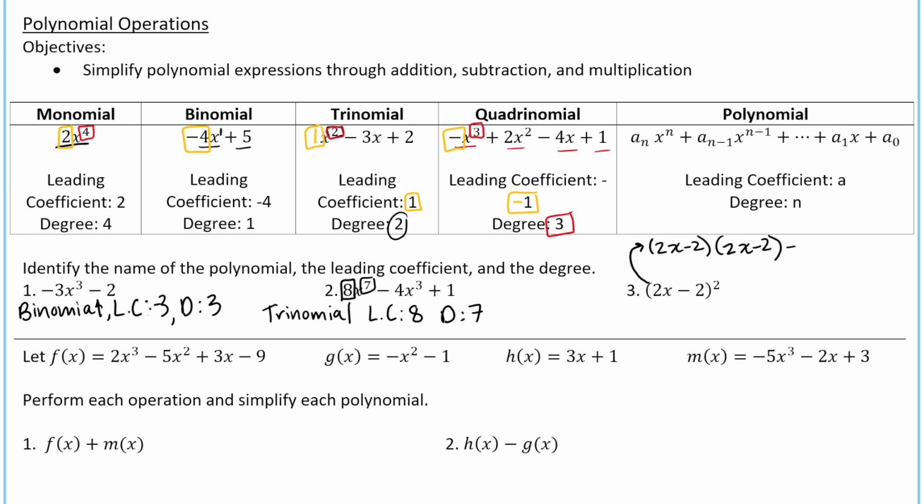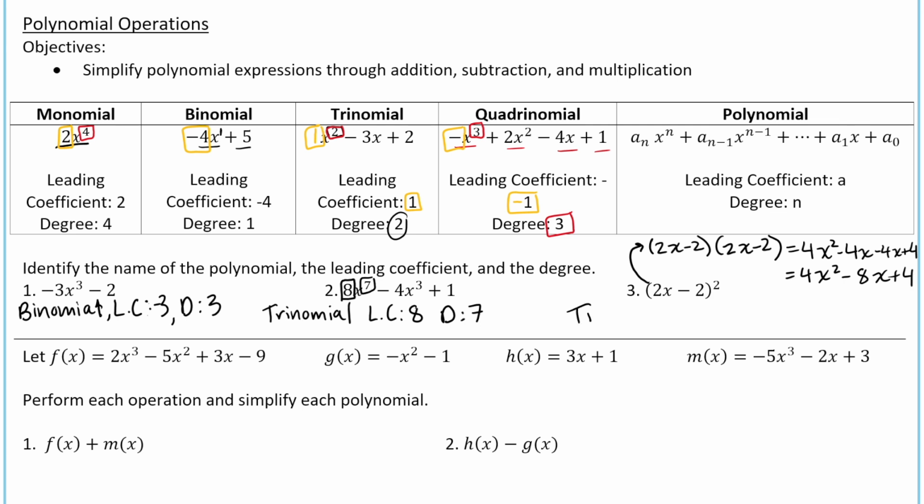I'll do 2x times 2x, which is 4x squared. 2x times -2 is -4x. -2 times 2x, -4x again. -2 times -2 is +4. So this is really 4x squared minus 8x plus 4.